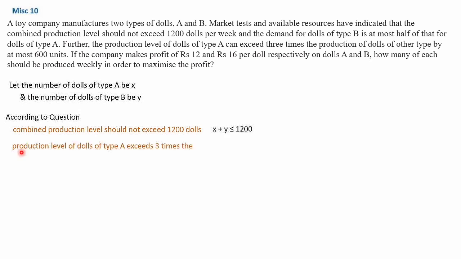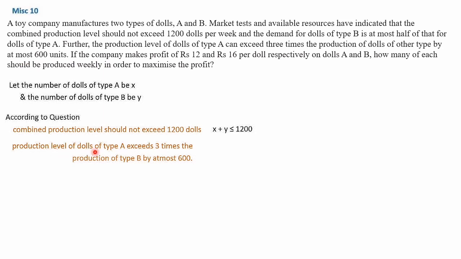Second condition, production level of dolls of type A exceeds 3 times the production of type B by at most 600. So here it is given to you, the third line, the production level of dolls of type A can exceed 3 times the production of dolls of other type by at most 600 units.